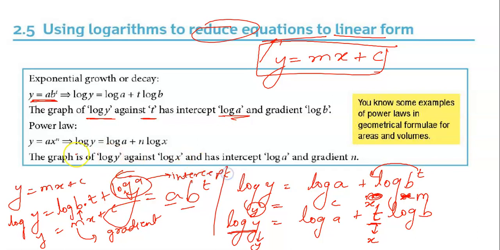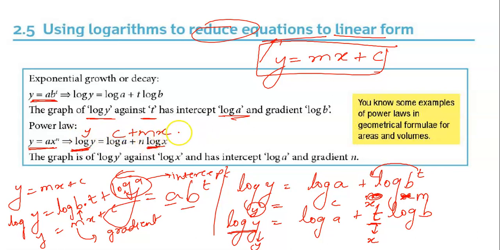Okay. So by power law, y equals to a x raised to power n can be written as, by taking log, log y equals to log of a plus n log of x. The graph of log y, this becomes y, against log x, this becomes x. Y equals to mx plus c. We have arranged it, right?